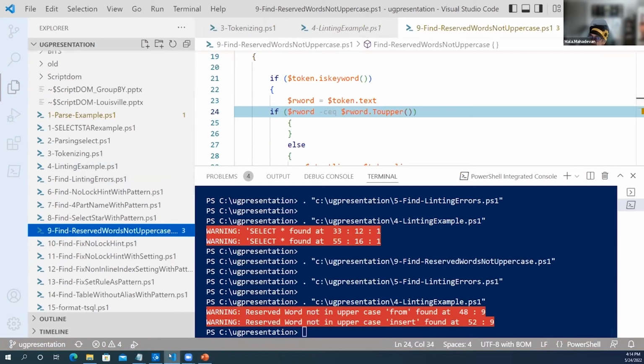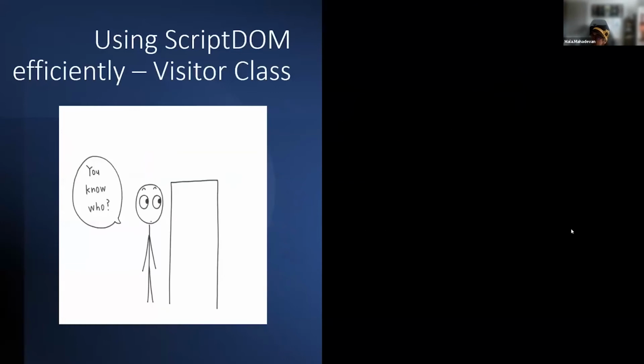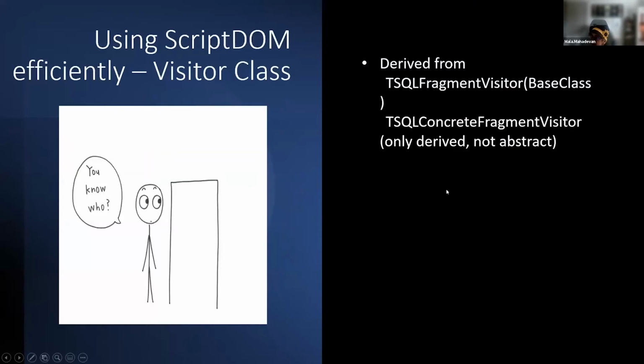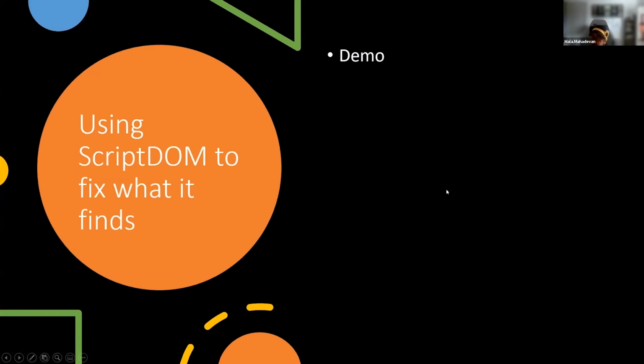Okay, let's go back. We saw the visitor class and how useful it is to find various patterns in the code. The last main important use is using ScriptDOM to fix what it finds. Fixing involves using the output of the parser and then the visitor class to find whatever you want to find, and then the formatter, which we saw.